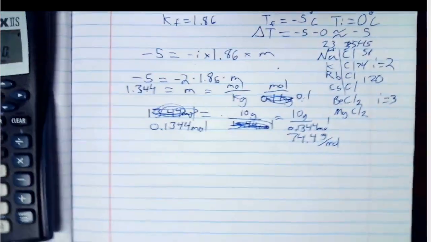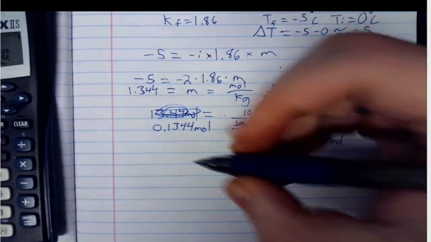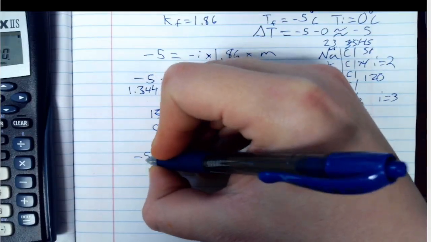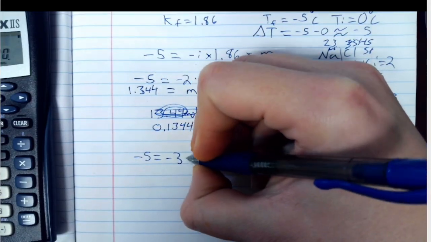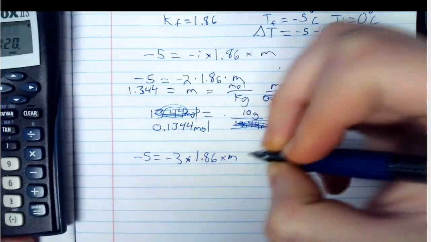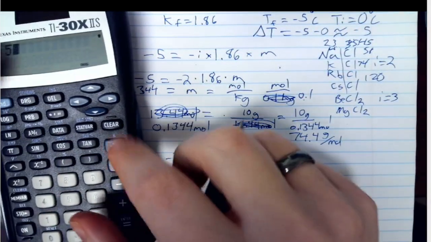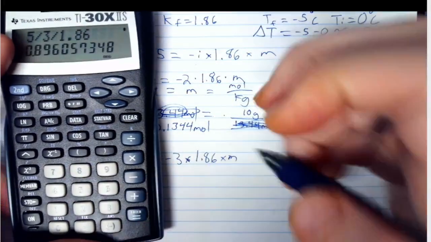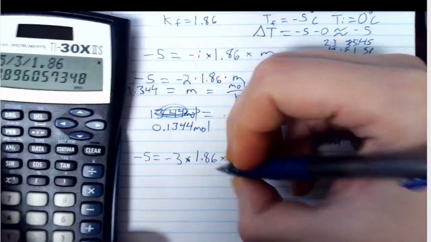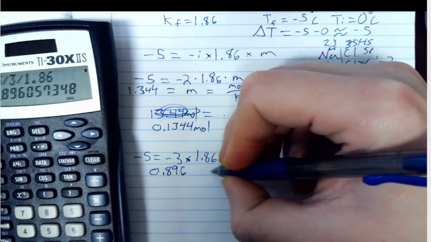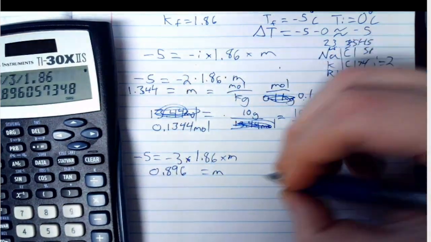What would you have if the i was instead 3? How would that have changed it? Could we get a possibility? 5 equals negative 3 times 1.86 times m. 5 divided by 3 divided by 1.86. So my m would, in this case, have to be 0.896 m.